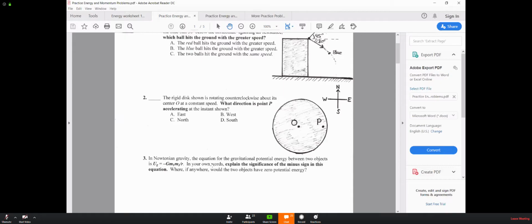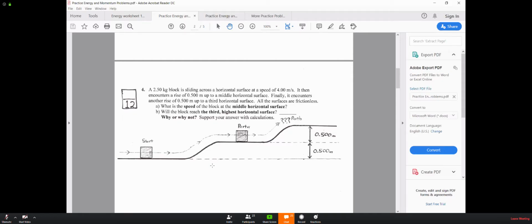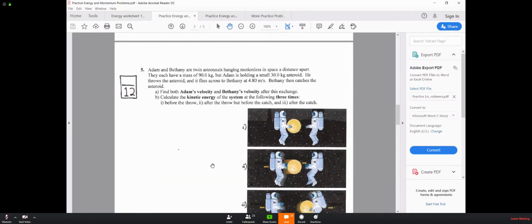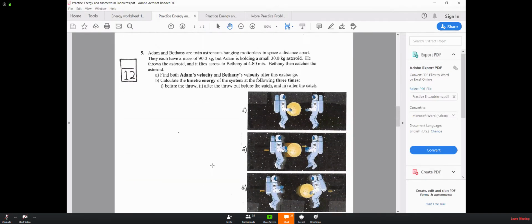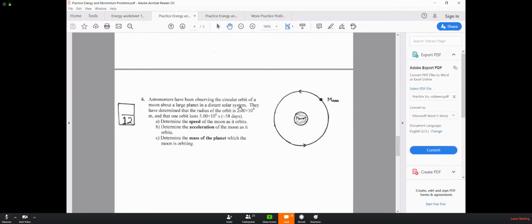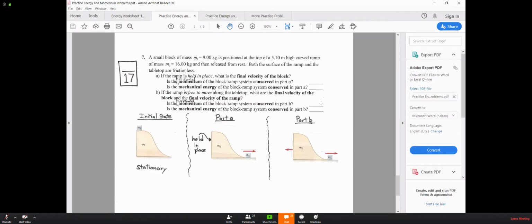We did number 1 briefly, I think a week ago. We did number 4 last Friday, I think. Those solutions are down below, but we already did them together. You could find them probably in your notes. Number 4 is relevant to the test. Number 6 is not relevant. Just ignore this one. The solution's not provided. It's not about energy or momentum. And then this question is relevant to the test.